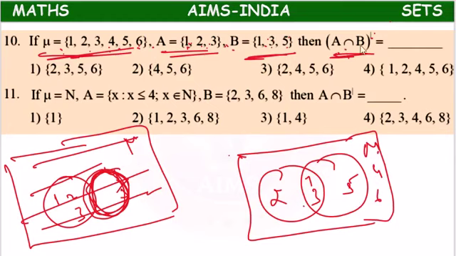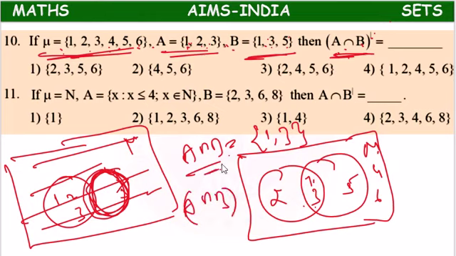So what is A intersection B? A intersection B means common elements, 1, 3. A intersection B complement means elements which are not common but in mu.